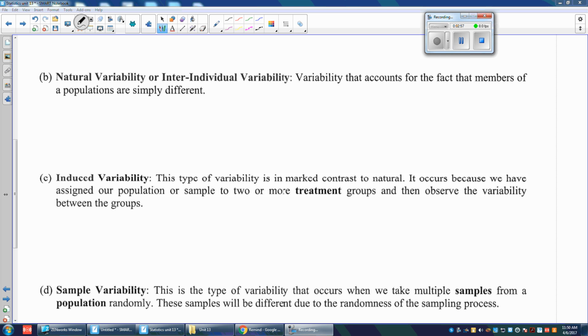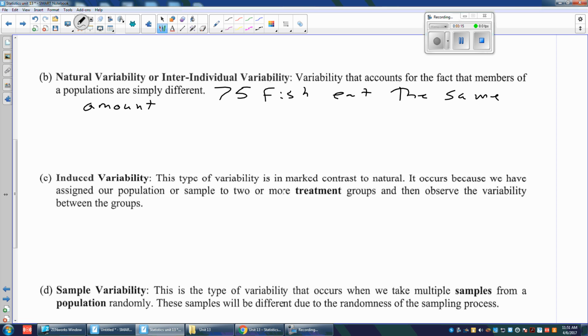So we can do something like 75 fish eat the same amount of food, but grow at different rates.